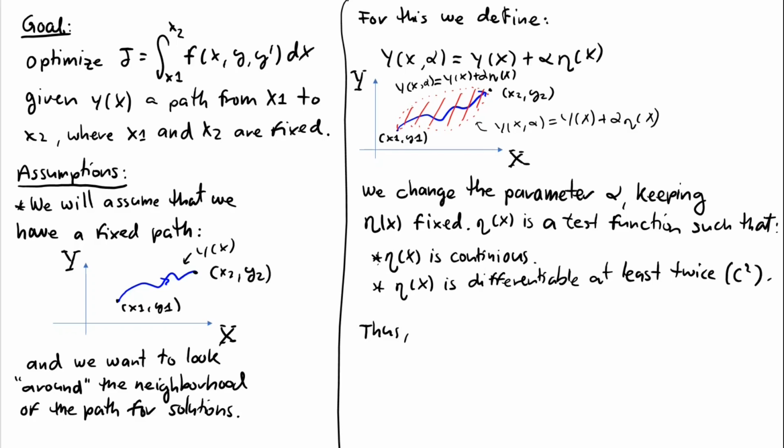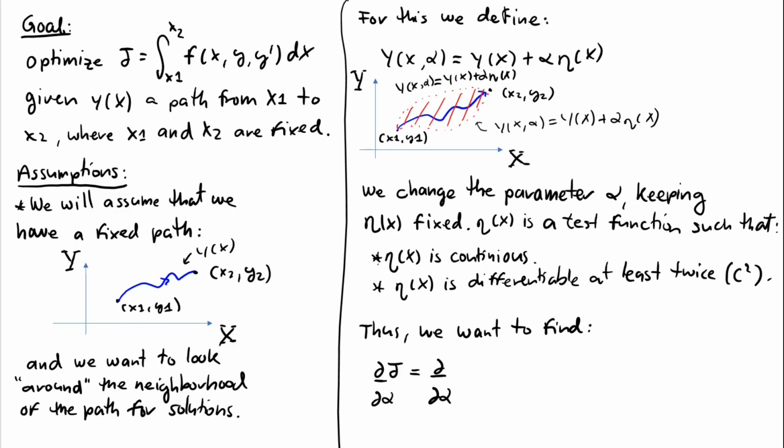Thus, we extremize J with respect to alpha, not worrying about the specific form of eta of x. In our case, alpha would not depend on x, y, or any other function. That is, alpha is a constant variable, so to speak.